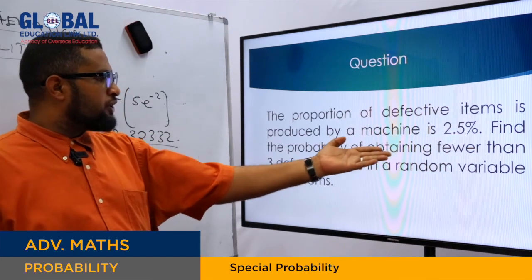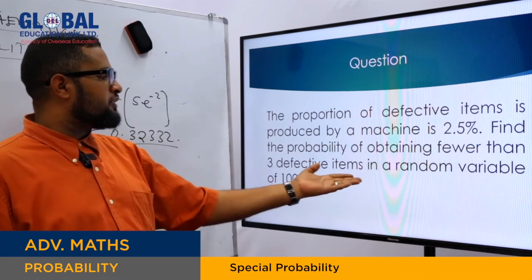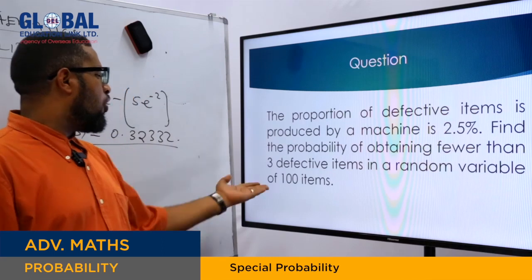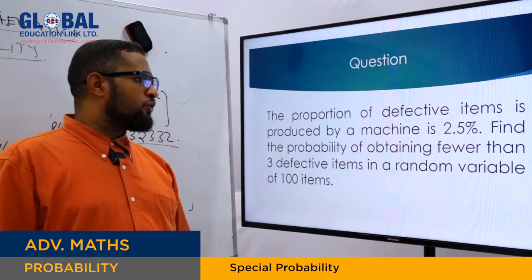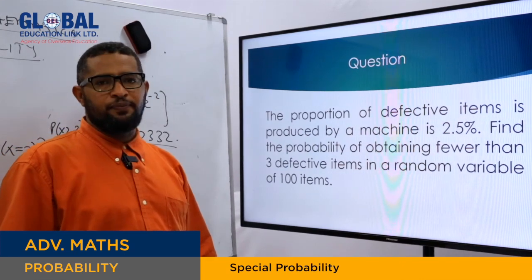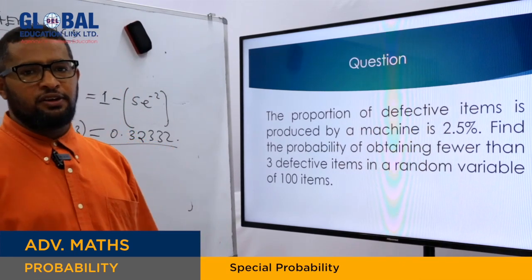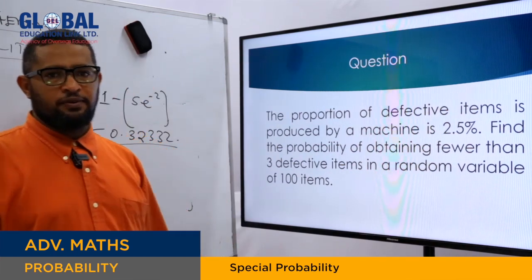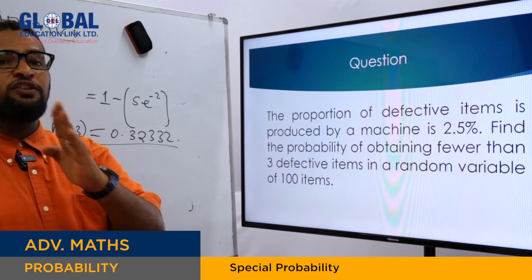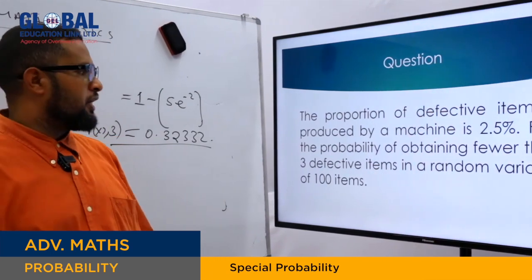Find the probability of obtaining fewer than 3 defective items in a random sample of 100 items. How am I supposed to go to the solution? No problem, my dear student. Now, check the tips on how to solve this question. I'm not going to do it. This is your assignment. Okay?